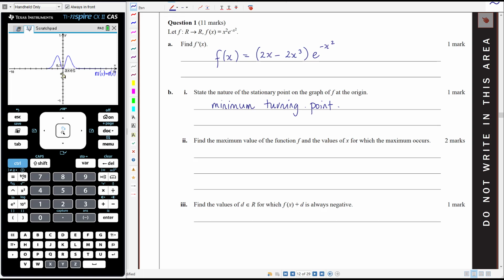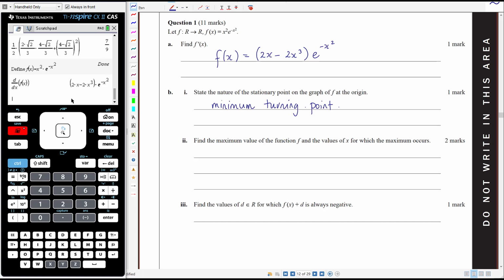Okay, 2, find the maximum value of the function f and the values of x for which this maximum occurs. Okay, so now that I can see my graph, it looks like the maximums occur when x equals plus or minus 1, but perhaps let's just solve our derivative equal to 0 to be clear on that. I often, if I'm doing extended answer questions, will define the derivative as a separate function. I usually use the convention in my CAS.